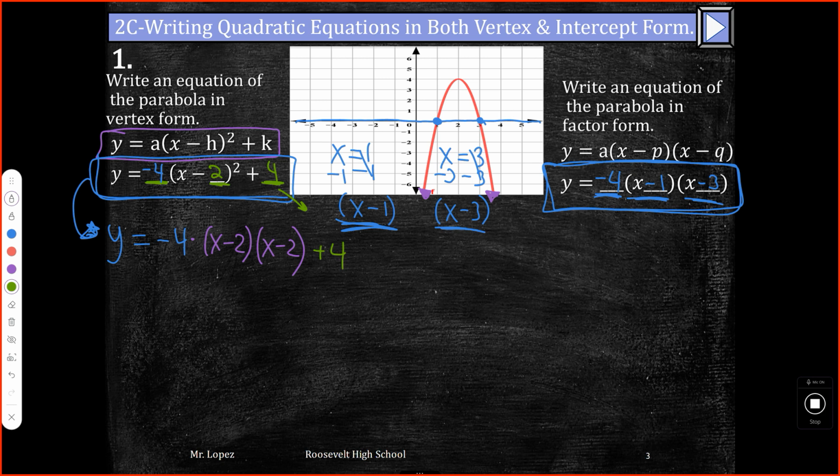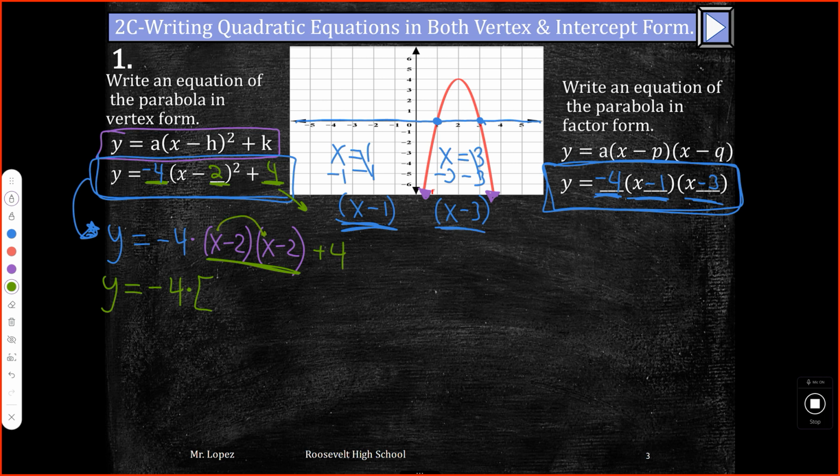I'm going to continue expanding this. I'll bring down the -4, and then I will multiply that out in a bit. I'm going to put brackets for multiplying these two factors out.